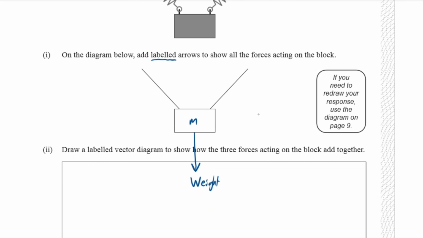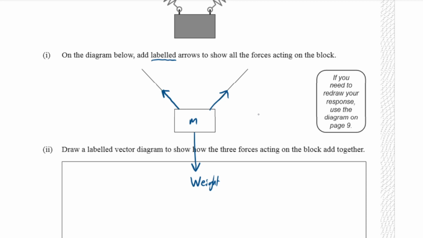Do we have any support forces? Kind of. So these two lines are the springs, and where they're connected onto the block, that would actually be technically a support force because they're in contact.